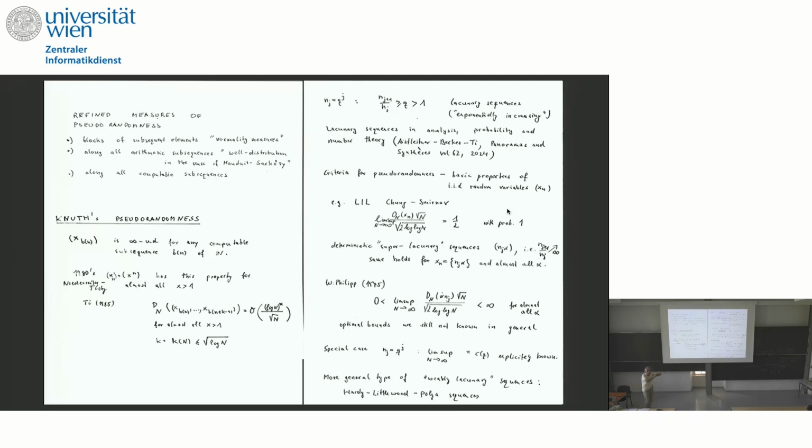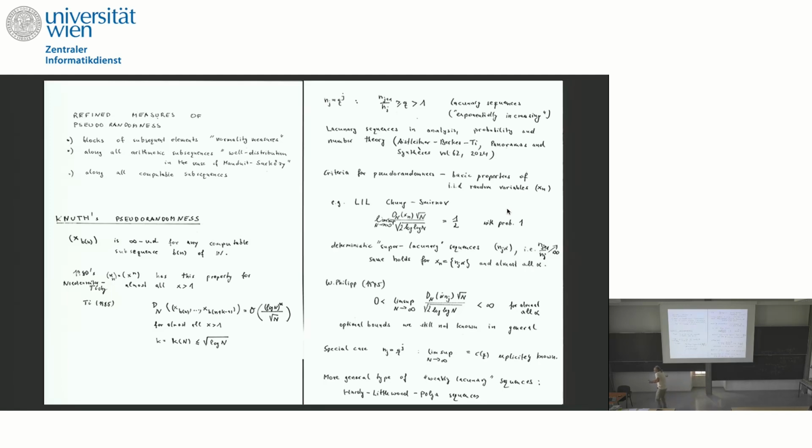So you take a computable subsequence of the positive integers as index sequence of the sequence xn, and if for any computable choice this sequence is normal, so completely uniformly distributed, then it satisfies this definition. So, of course, this is a very, very strong property.